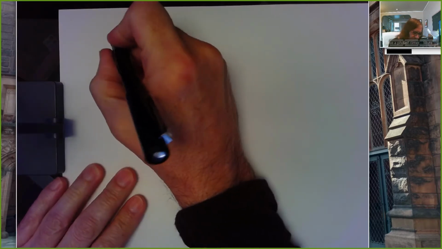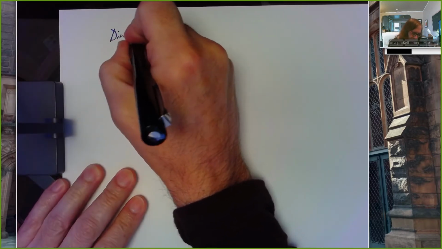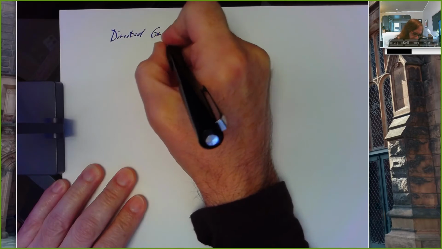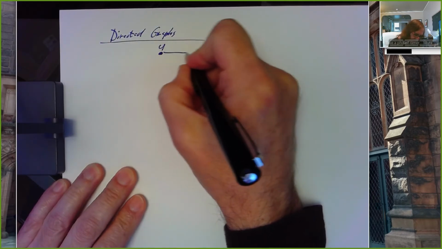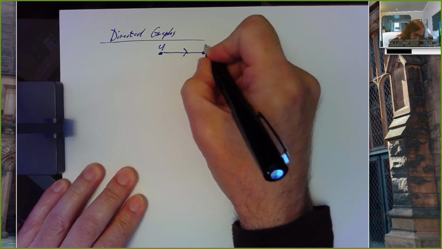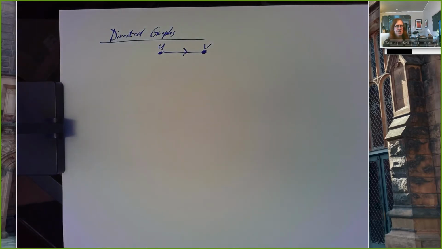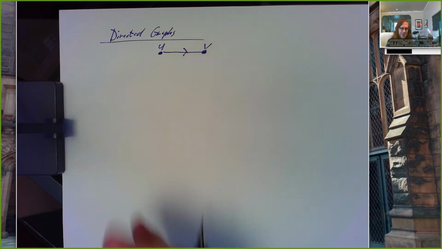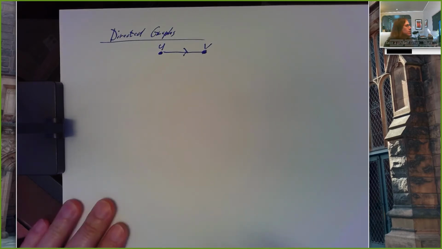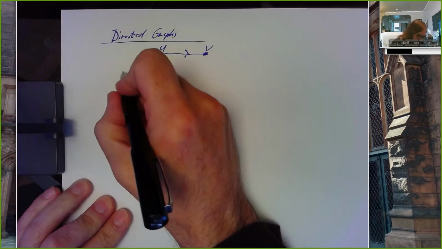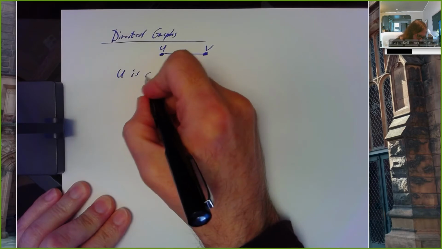All right, so let's go back to directed graphs. And let's just look at a situation, 2 vertices u and v, and we have an edge going from u to v. All right, so some terminology.